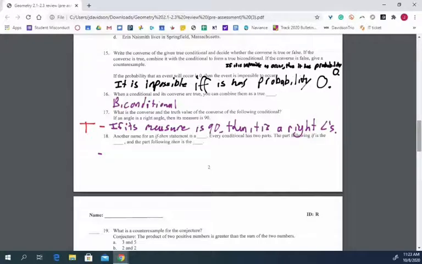An if-then statement is just the original conditional. Another name for an if-then statement is a conditional statement, or conditional.